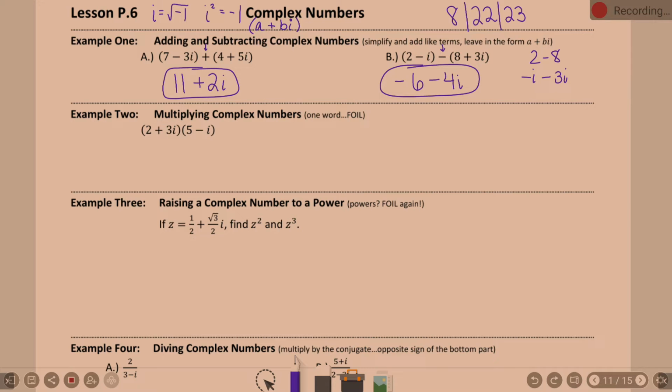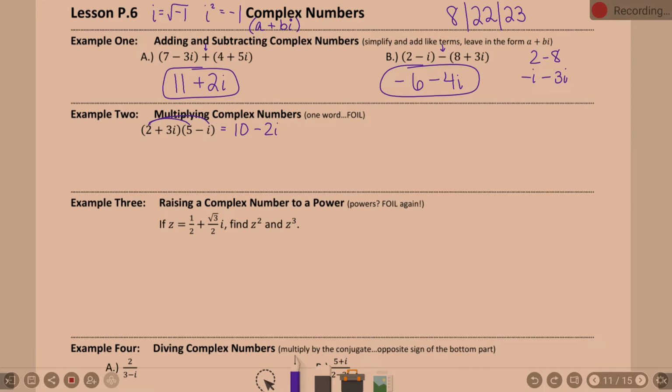How do we multiply 2 plus 3i times 5 minus i? We are FOILing. So 2 times 5 is 10. Two times minus i is minus 2i.